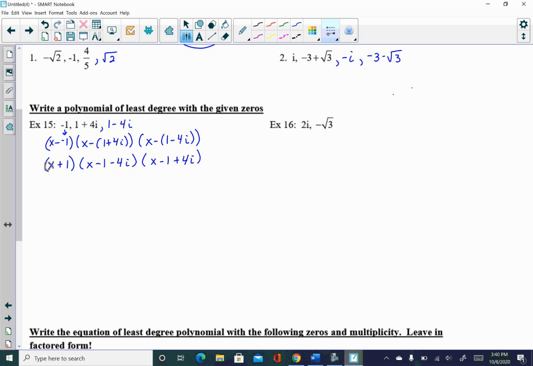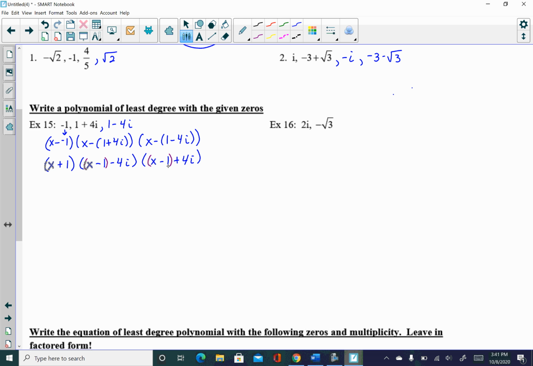What I would recommend from here is to take these last two parentheses and multiply those two together. We could do long multiplication here with x minus 1 minus 4i times x minus 1 plus 4i. But if you notice, inside both of these parentheses, they have that first term in common.